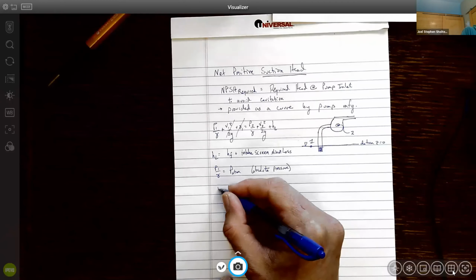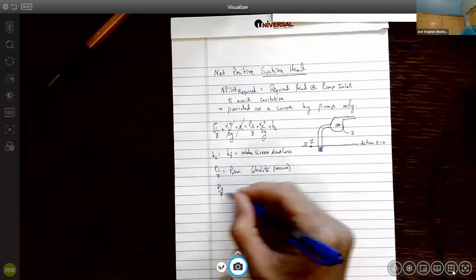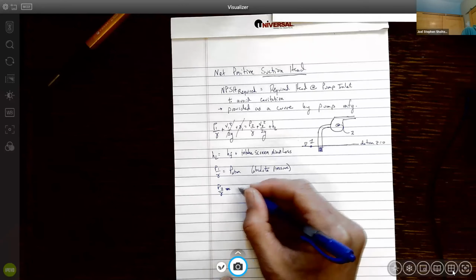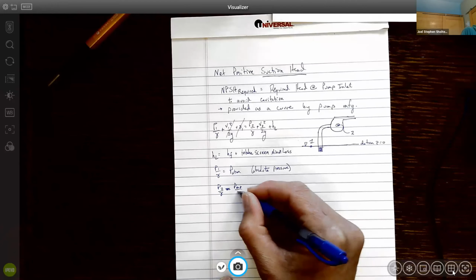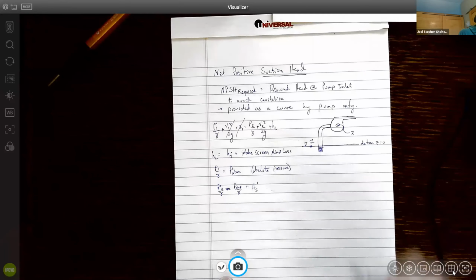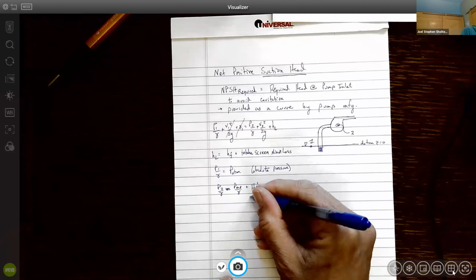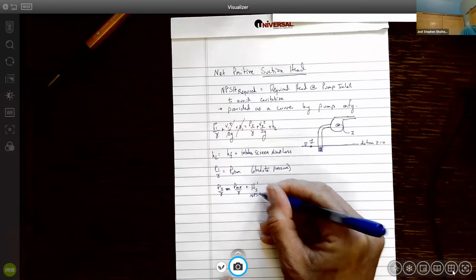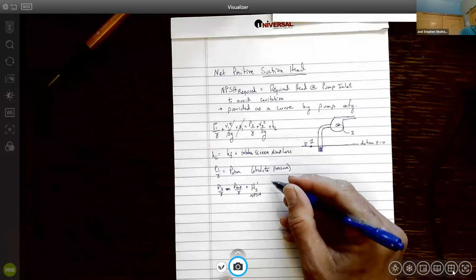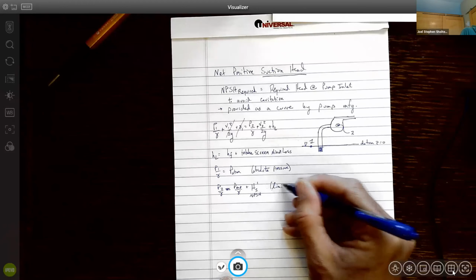And then under our limiting conditions, we want P2 over gamma equal to the vapor pressure over gamma plus the NPSH. And this is our limiting case.